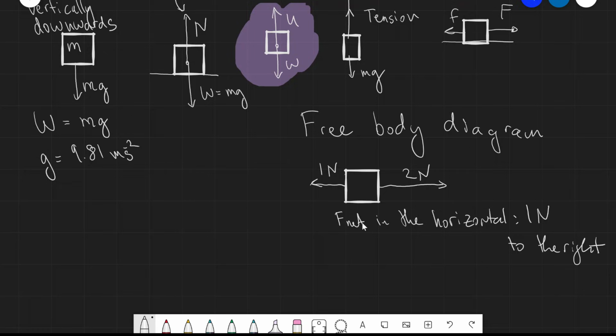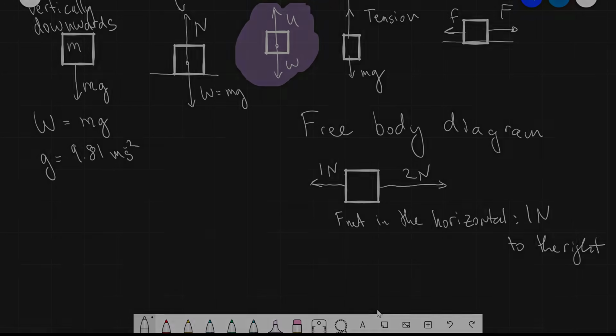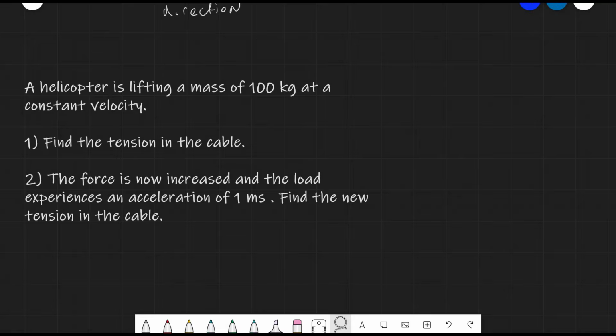Similar to projectile motion, the forces in the horizontal direction are independent of any forces in the vertical direction.